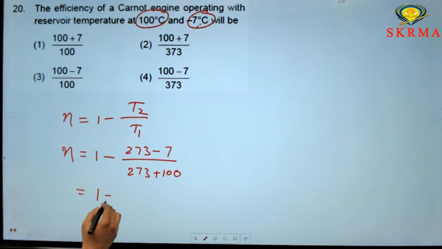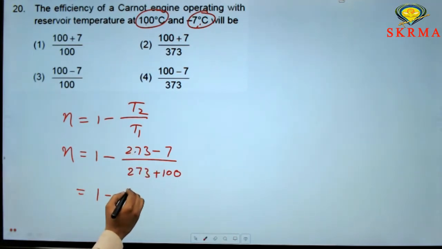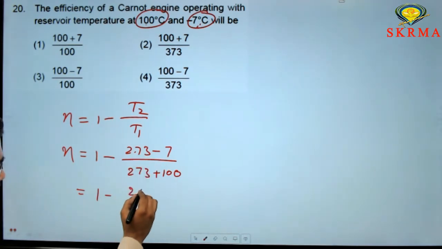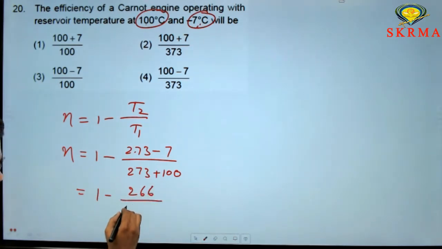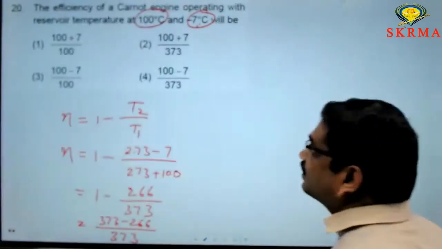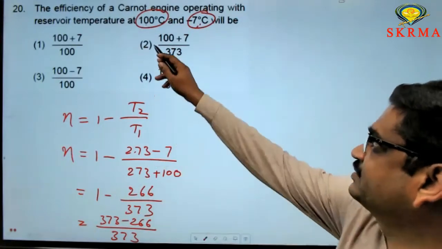How much is it? 1 minus, this can be written as, take LCM, 373 minus 266 by 373.